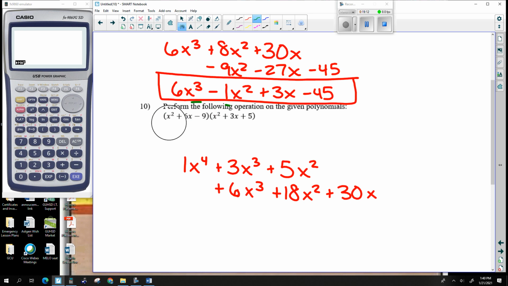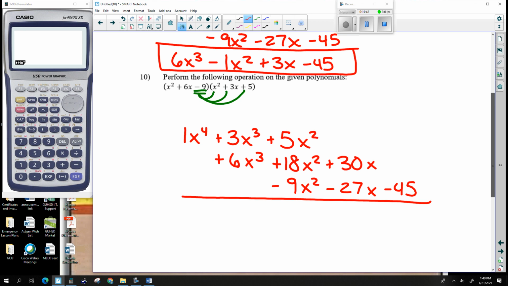So I've gone over the x squared. I've gone over the 6x. Last but not least is this negative 9. And again, I repeat the process. Negative 9 times 1 is negative 9. Nothing with x squared is x squared. Negative 9 times 3 is negative 27. Nothing times x is x. Negative 9 times 5 is negative 45. Nothing times nothing is nothing.